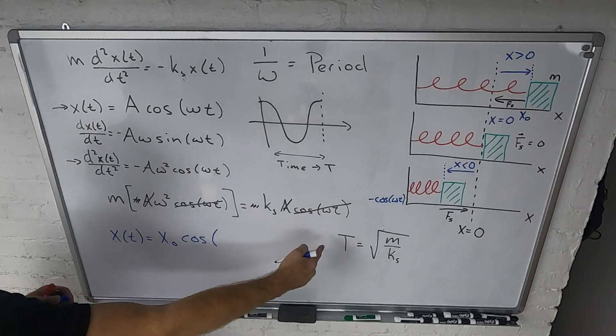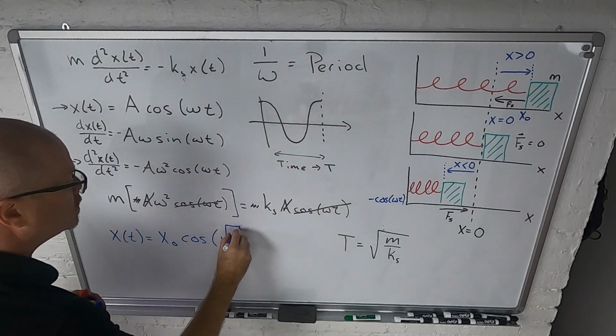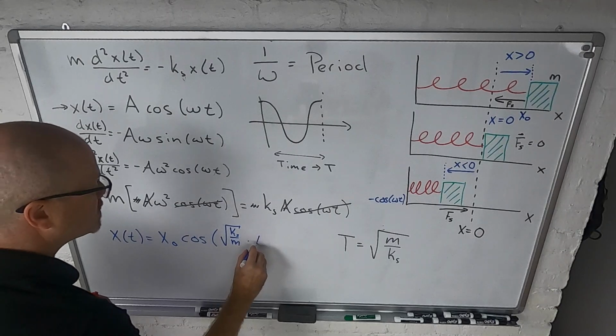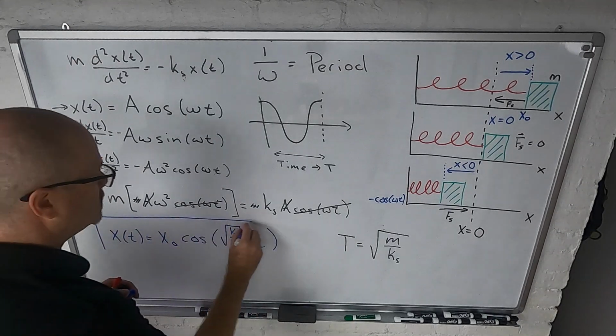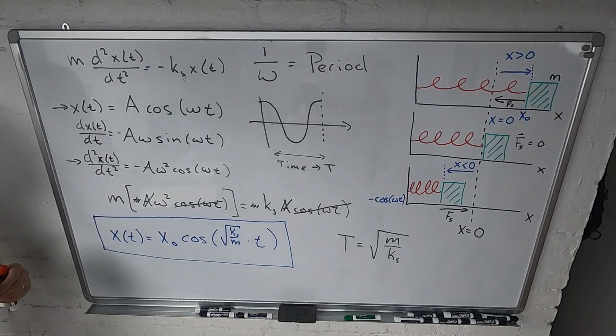Omega is 1 over the period. The period is 1 over omega. So I have the square root of k over m, this k sub s, times time. That is how a spring will oscillate as a function of time.